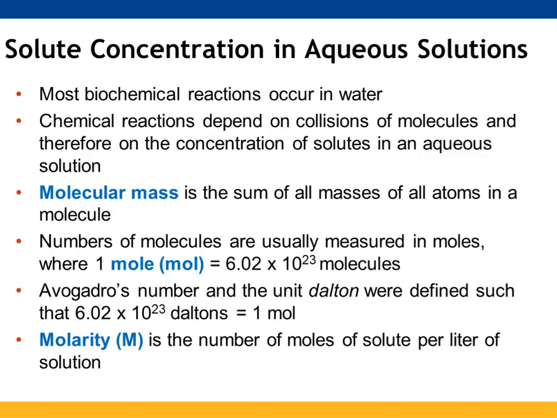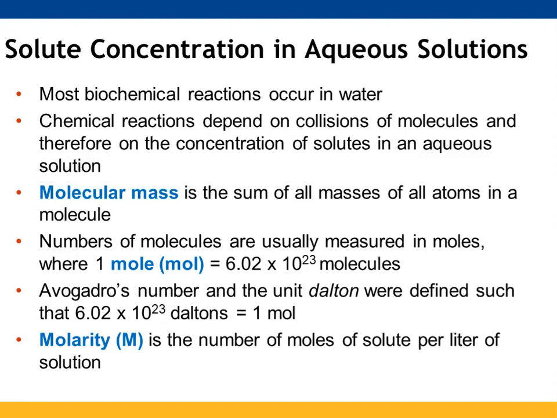Molecular mass is the same as molar mass. It's the mass of all the atoms making up your particular substance. And again, that's equivalent to 1 mole of that particular substance. And then if you wanted to look at the number of molecules present, that would be Avogadro's number, 6.02 times 10 to the 23rd.